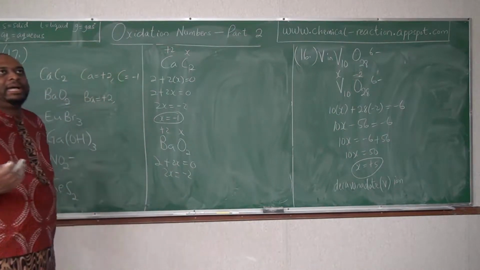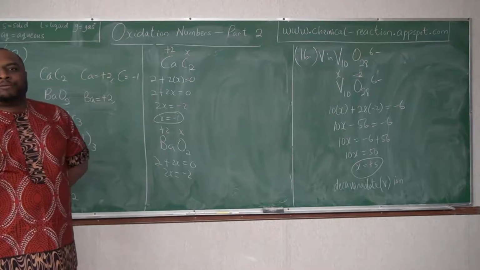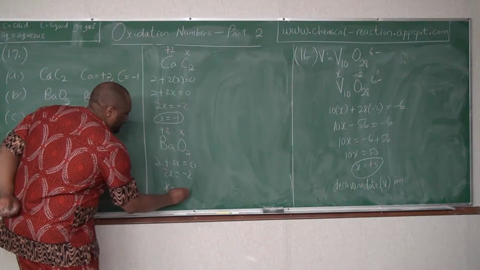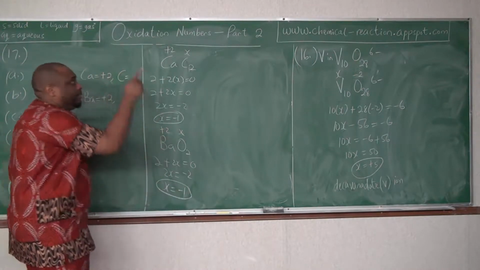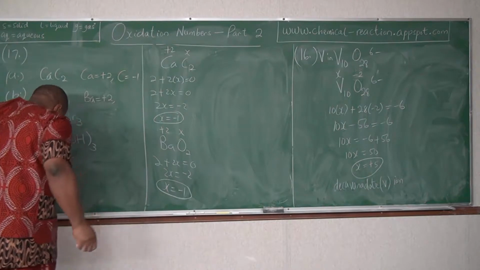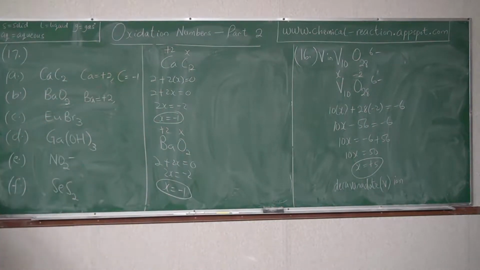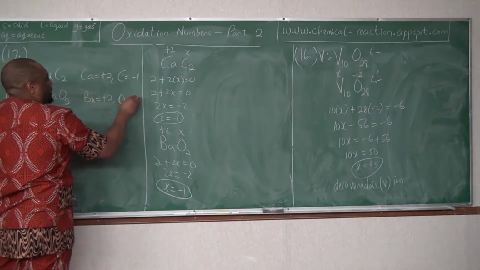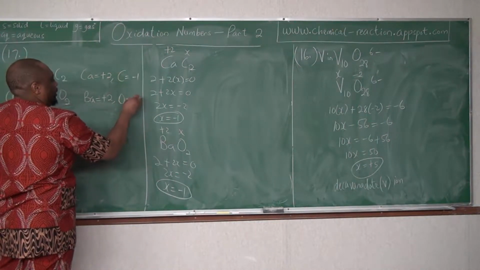In peroxides, the oxidation number of oxygen is minus 1. We talked about that in part 1 of the video. So oxygen here is minus 1.